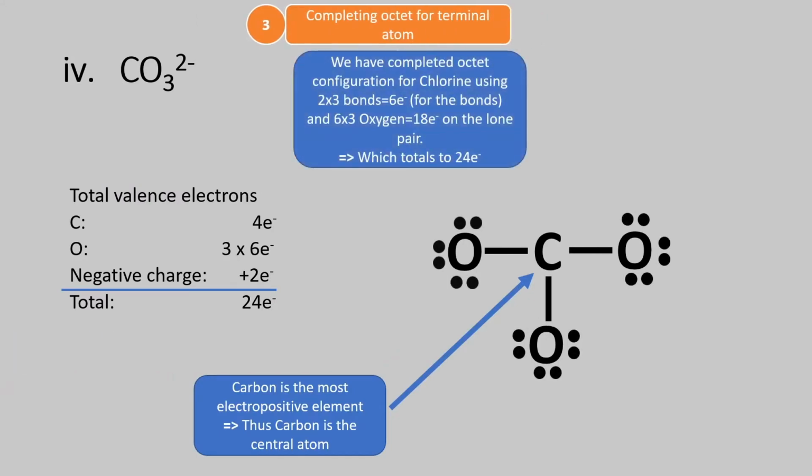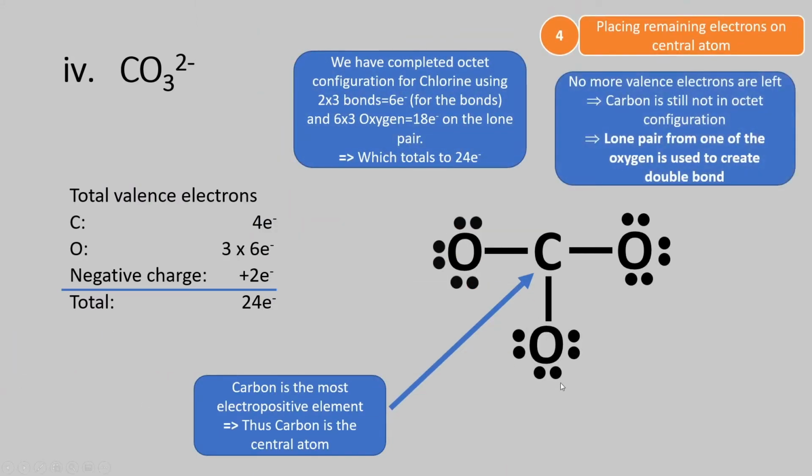Kalau you perasan, ingat tak saya cakap, you boleh ambil double bond ni dari mana-mana oksigen. So one student will make double bond sini. Satu lagi student buat double bond kat sini. Satu lagi student buat double bond kat sini. Okay, it will create 3 different answer. Perasan tak?